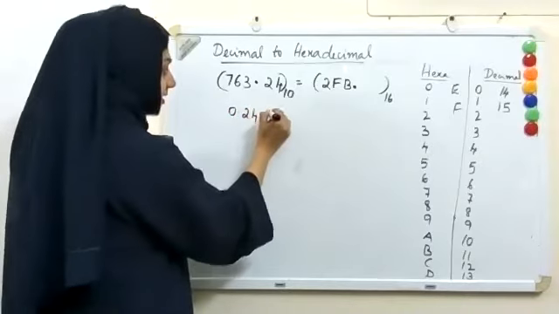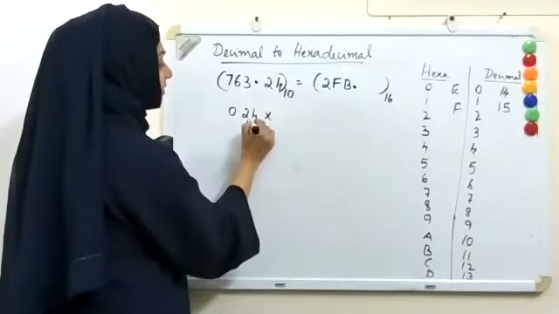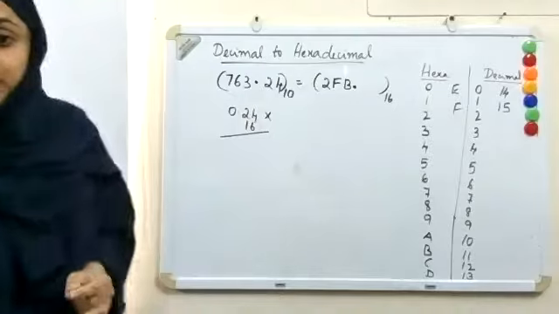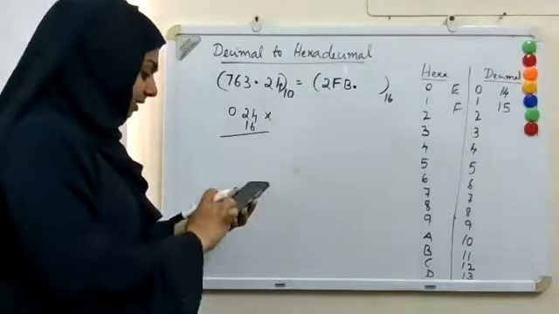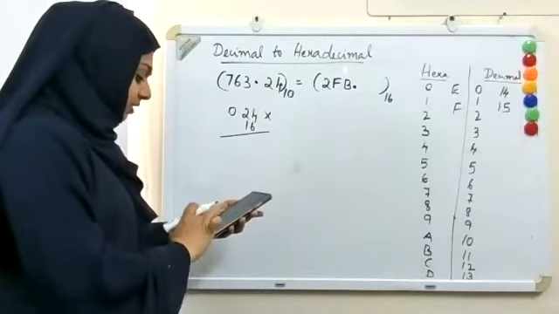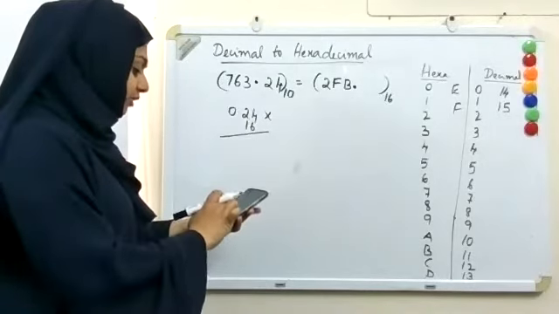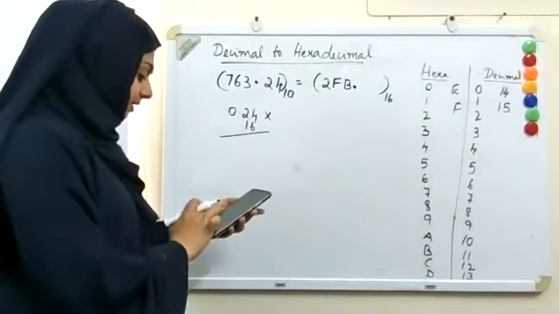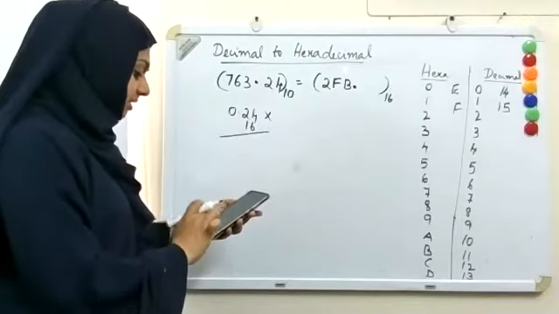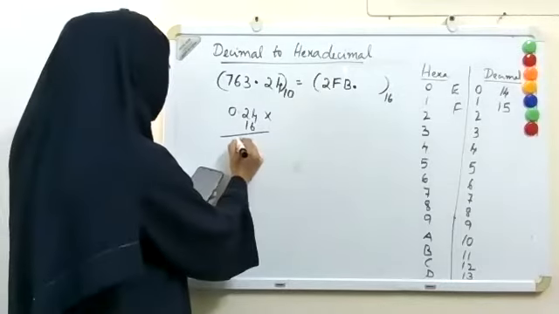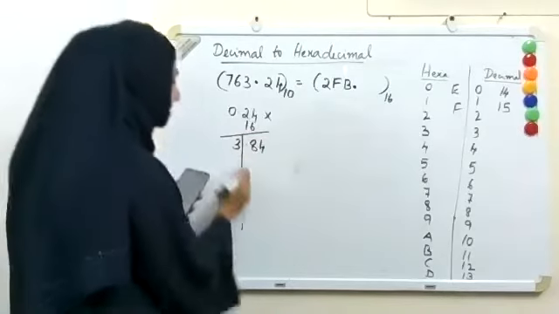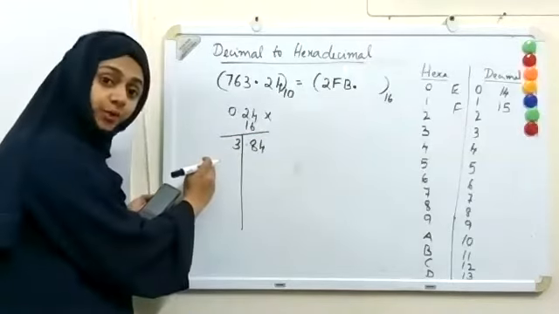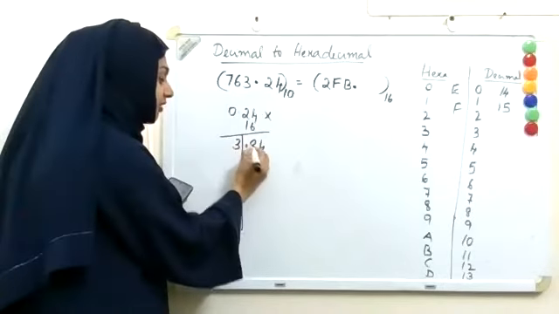So 0.24 we are starting, multiplied with 16. So you have to use your calculator here and you can multiply 0.24 multiplied by 16 will give you 3.84. So you are separating out what comes before the point. So 0.84.